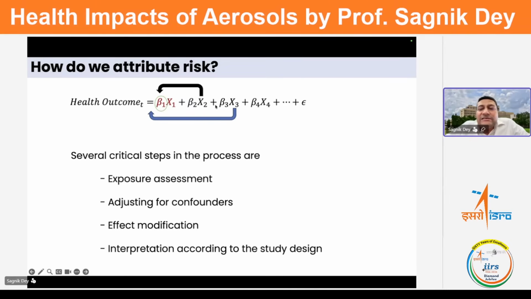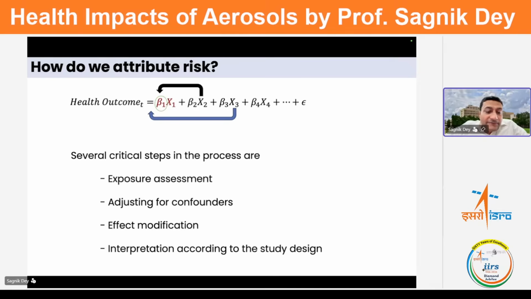And if you see this regression equation, typically the betas are the coefficients that determine which of the independent variables influencing that particular health outcome can be given more weightage. The higher the value of beta, the higher the weightage of that particular risk factor.